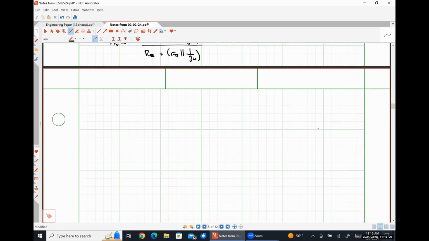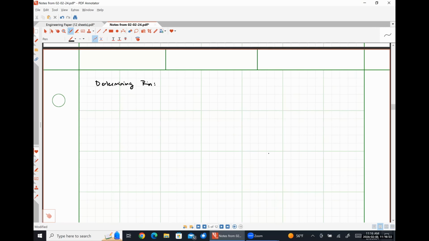Now we will determine our input resistance. I'll go ahead and redraw our small signal model since it's been a minute since we've looked at it. So this test voltage here, I'm just going to call Vx. Here's our base.